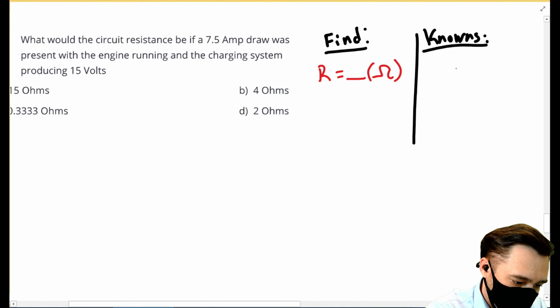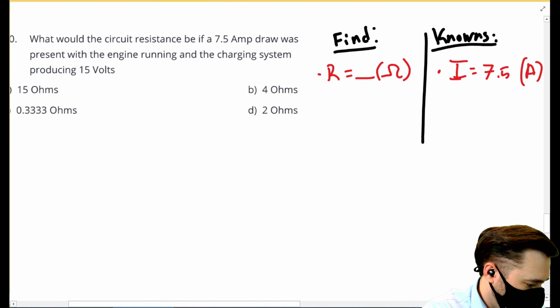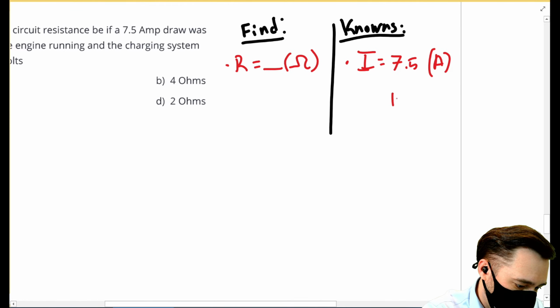And then I'm given my current of 7.5 amps. Charging system with 15 volts. 15 volts.